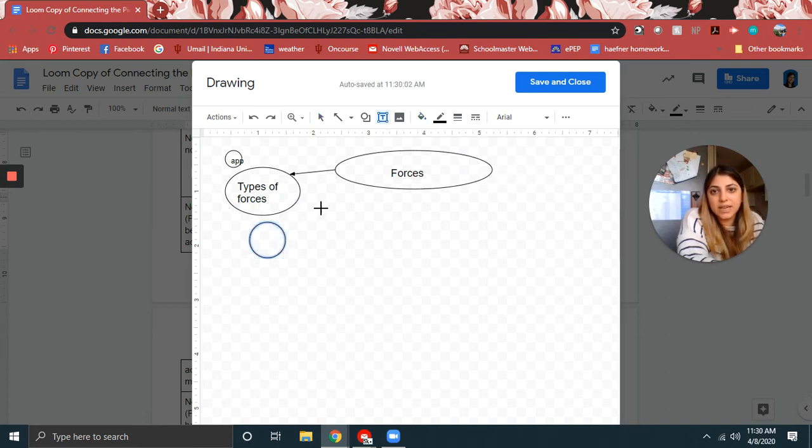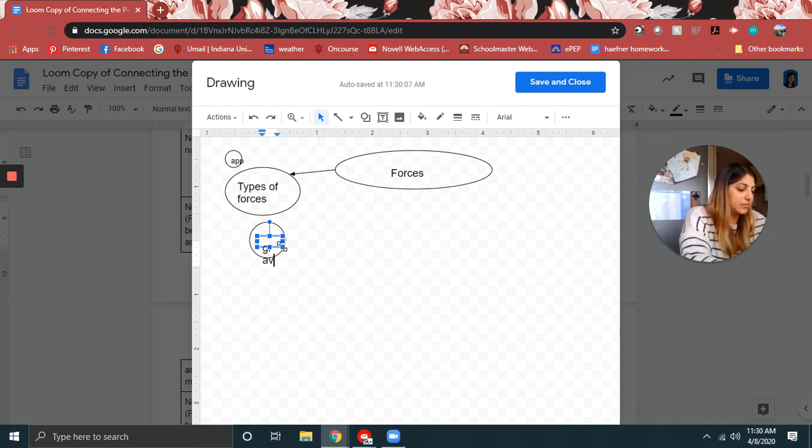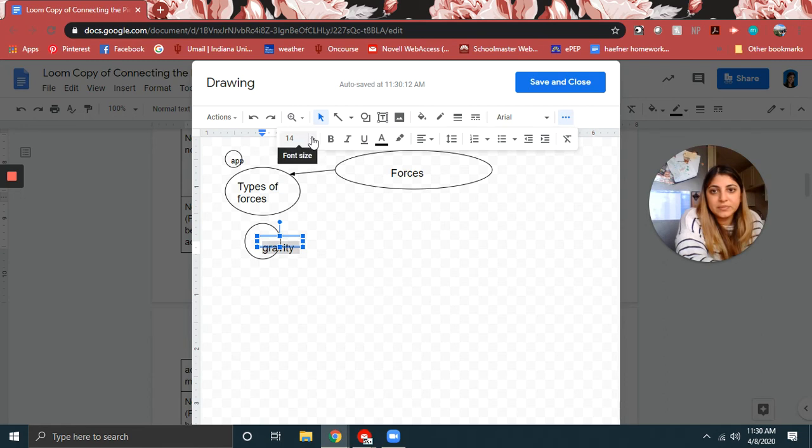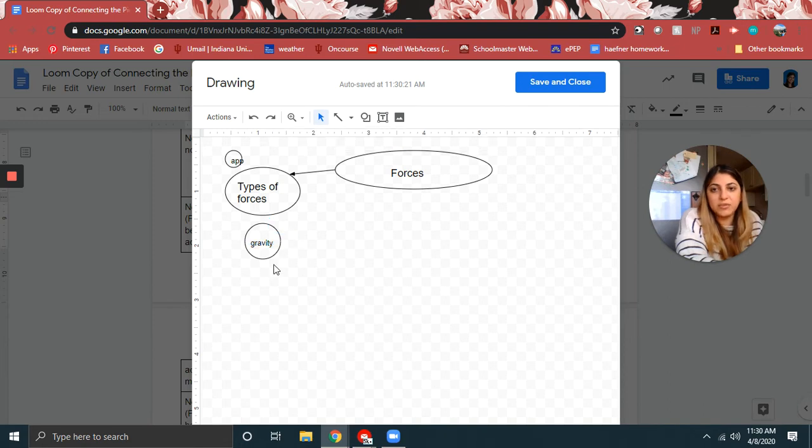But if I take this text box and I add gravity, that's a type of force. Make that just a tad bit smaller. Okay, so that's a different type of force, gravity.